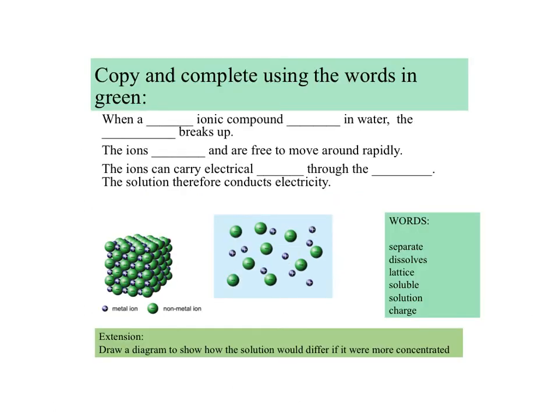So what I'd like you to do, using these words by here, can you just have a go at thinking about what you think might happen during the reaction? Okay, so when a soluble ionic compound dissolves in water, the lattice breaks up, okay?